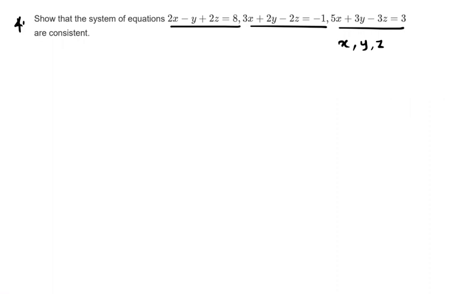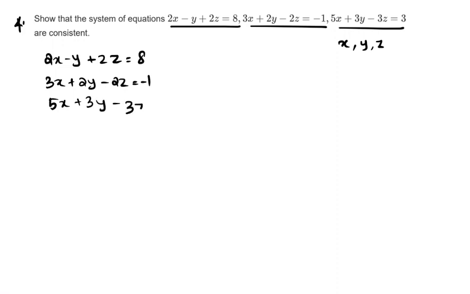First, let us write down the given equations. What is given? 2x minus y plus 2z is equal to 8. The next equation is 3x plus 2y minus 2z is equal to minus 1. Next we have 5x plus 3y minus 3z is equal to 3. Let us consider these as equation number 1, equation number 2 and equation number 3.